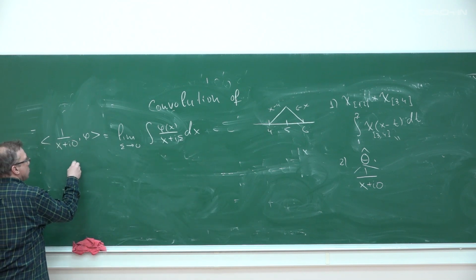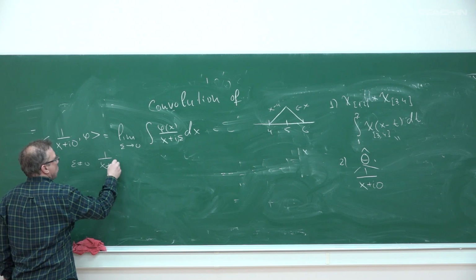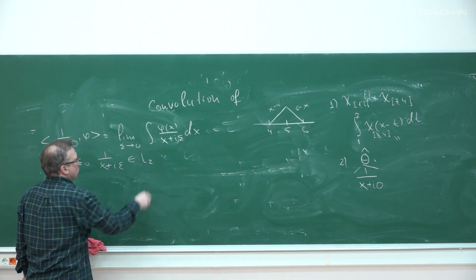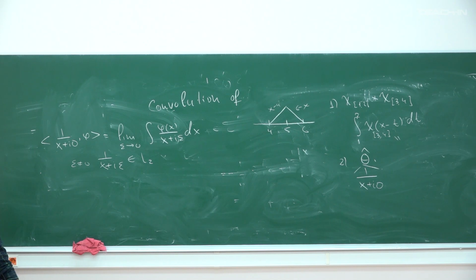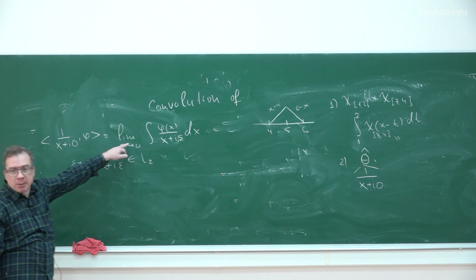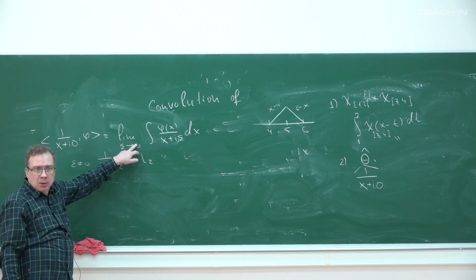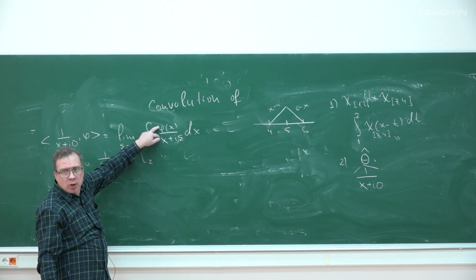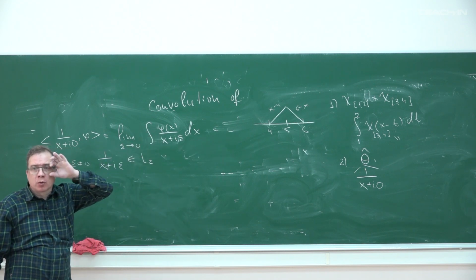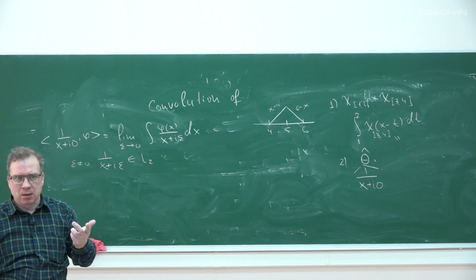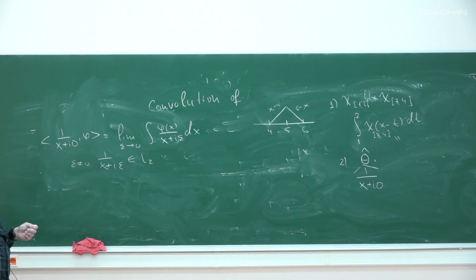For epsilon not 0, this function is a very good function. It is from L2, not from L1. The Fourier transform of a function from L2 is a function from L2, and we know its property: it's a unitary operator. So let's find the Fourier transform in L2 of this function, and then take the limit. We need only the pointwise limit as an integral, in the weak-star sense, which exists in distributions.